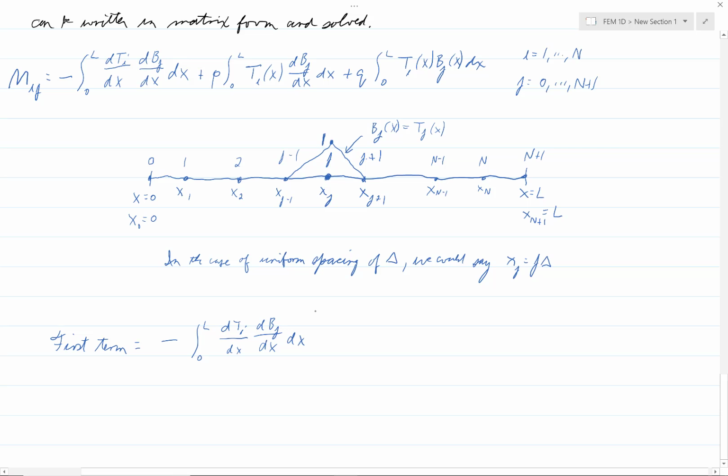And by the way, I think that once I do this, it may not be necessary to show all the details for the other terms, but let me at least show this one in some detail. So we want to integrate from 0 to L dti dx dbj dx dx.